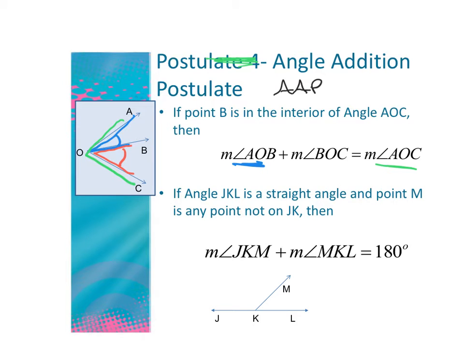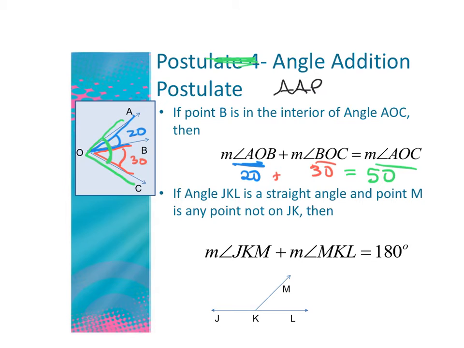So what we could do here is, let's say I told you this was 20, and then this one was 30, then I know the measurement of the whole green one is going to be 50, because I would do 20 plus 30, and then that equals 50.